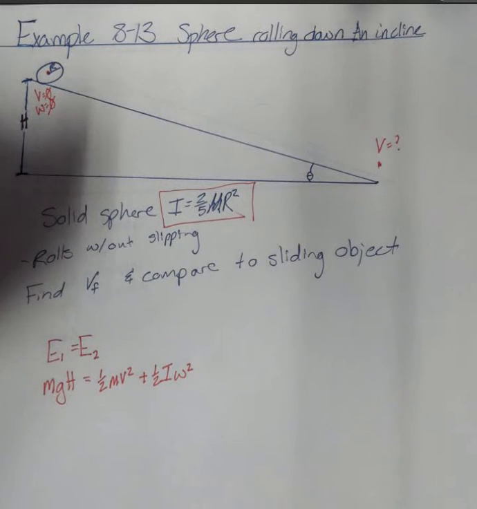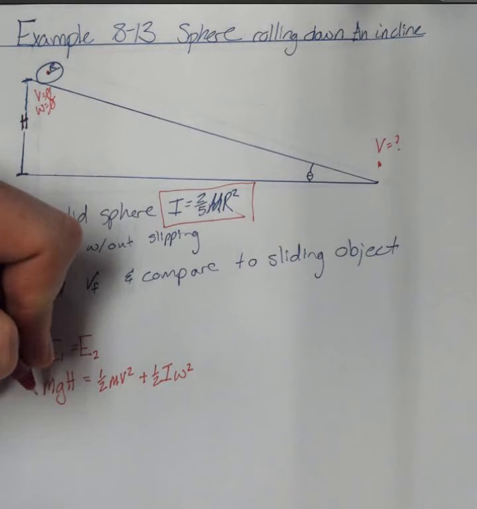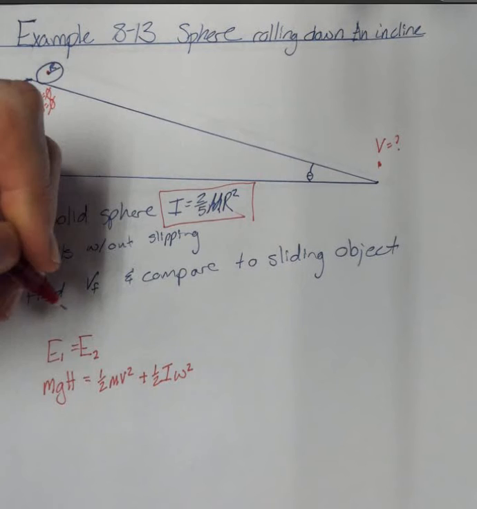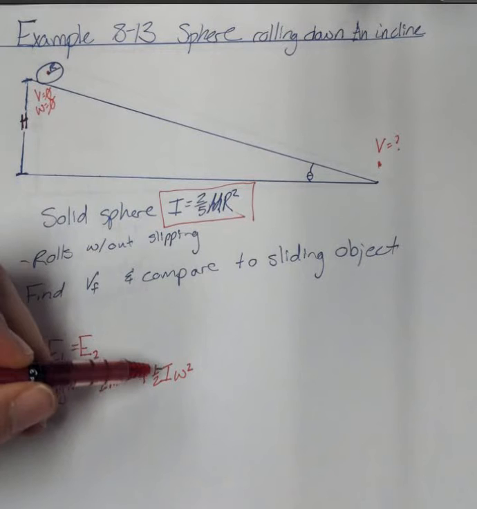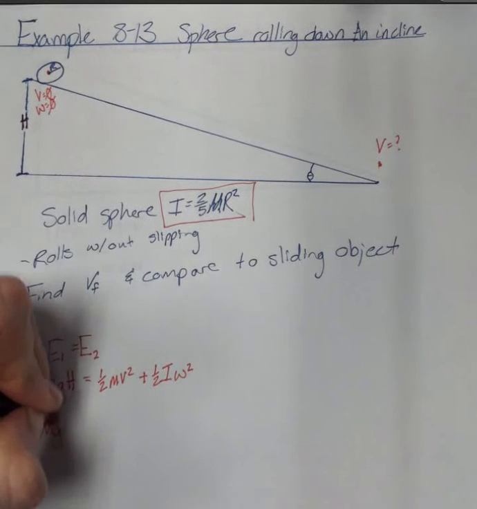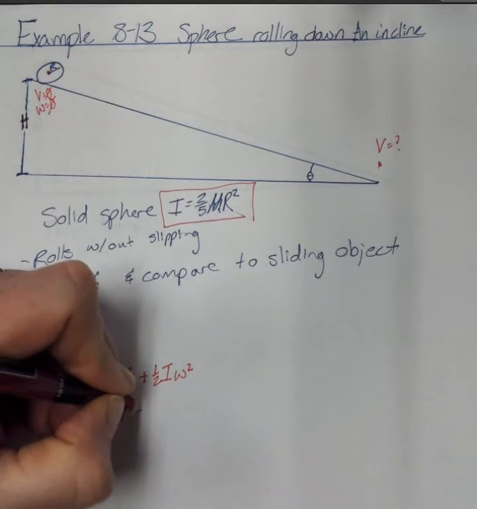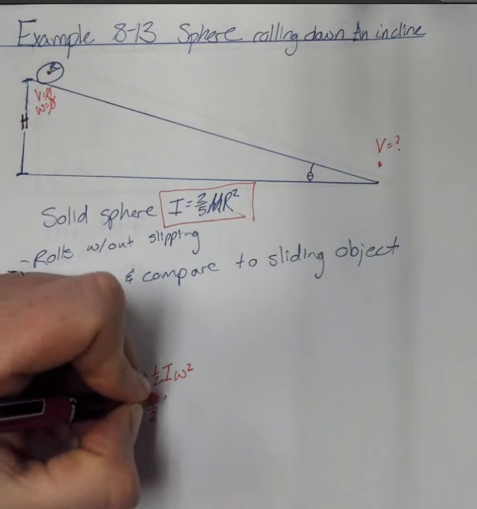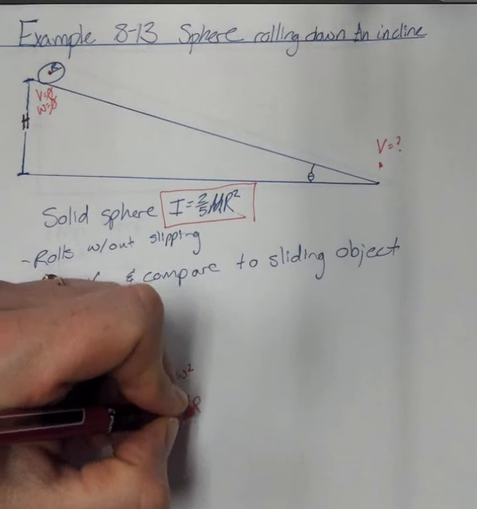So let's go ahead and take a look at this. At the beginning, you have mgh. That's totally valid for both linear and translational motion. And then I'm going to plug in my actual moment of inertia for my I. So mgh equals 1/2 mv squared plus 1/2 times 2/5 mr squared.